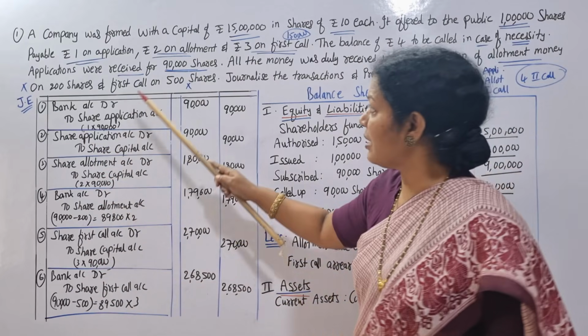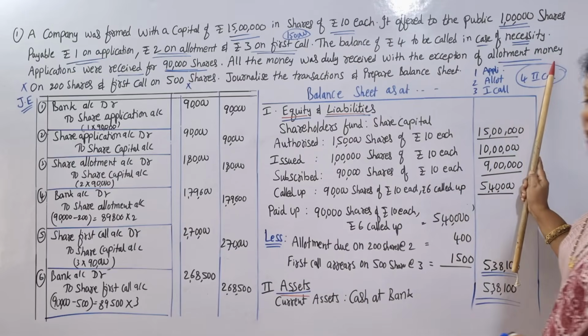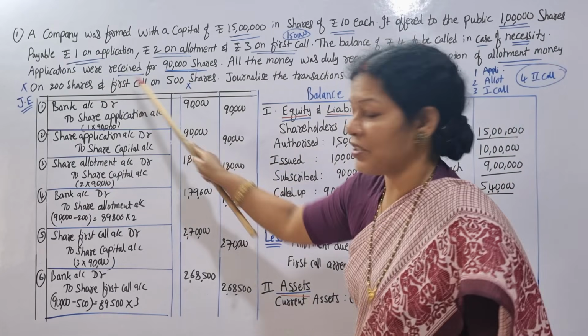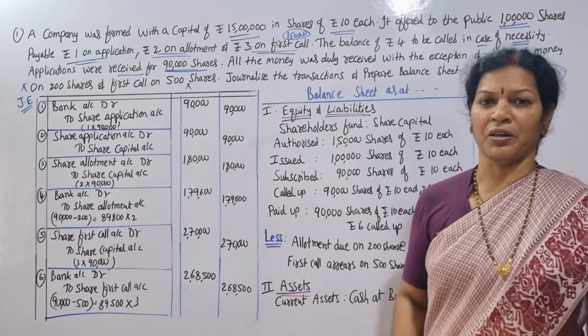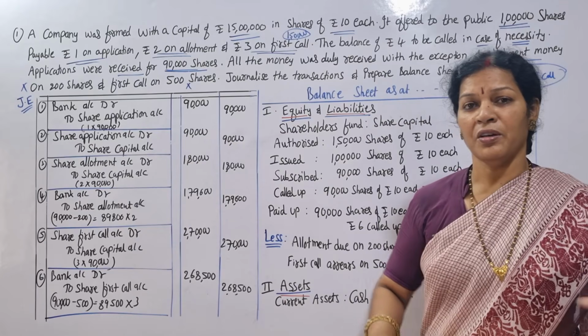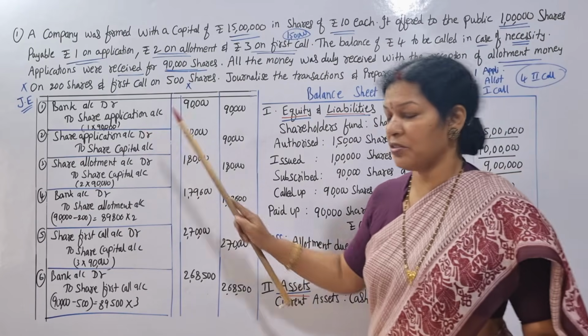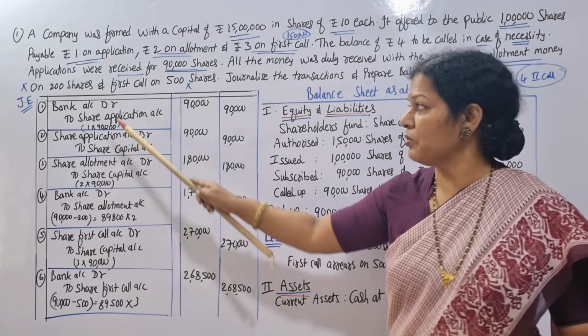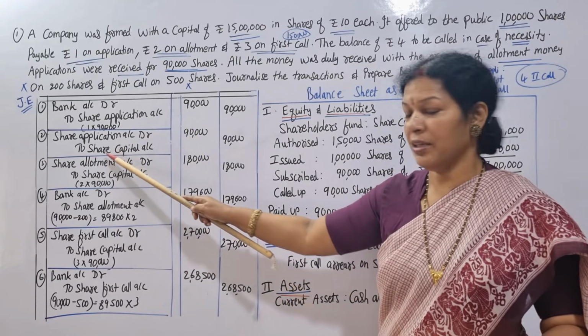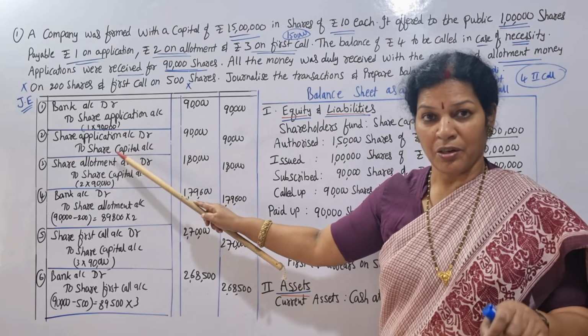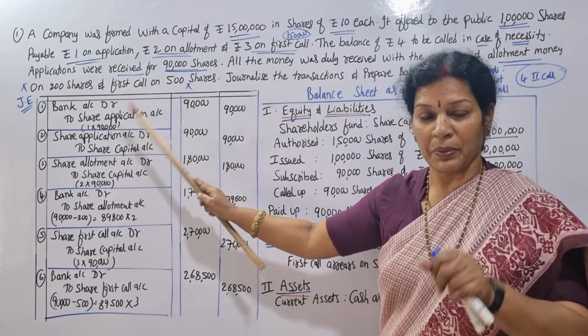We have arrears at allotment and first call, but on application there are no arrears. So we got 90,000. Narration I already told you: being share application amount received.